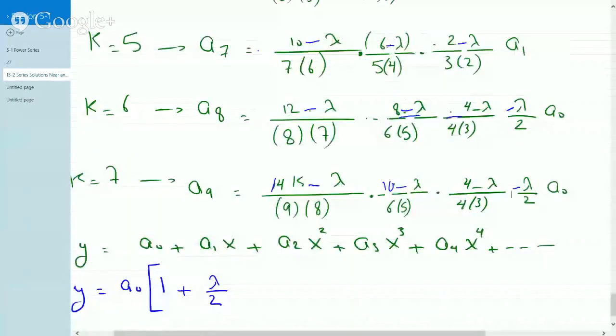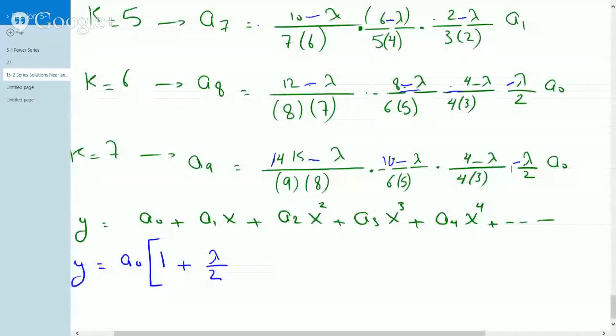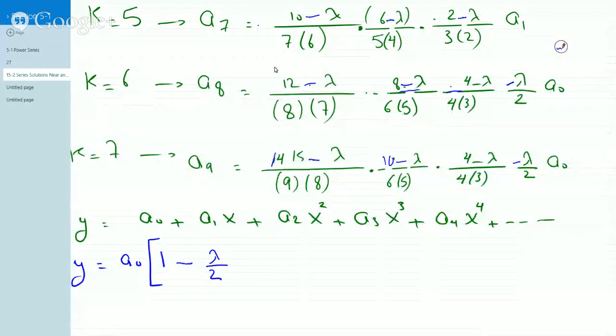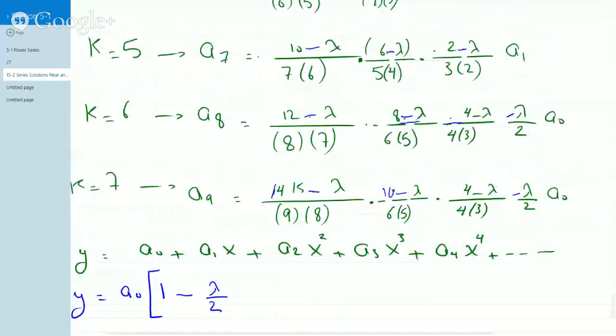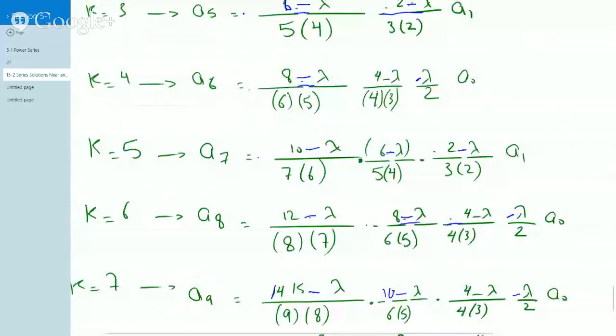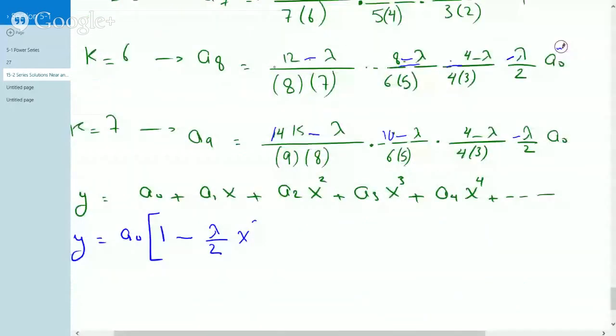Okay, fair enough. So this guy needs to be adjusted here. So minus lambda over 2, fair enough. So which term is that? That's the a2. So that just means this is the x squared term. So we have x squared.